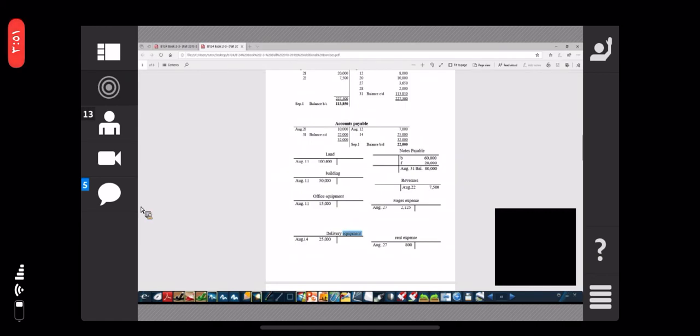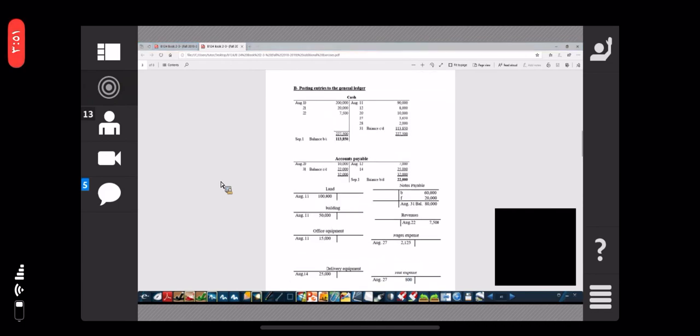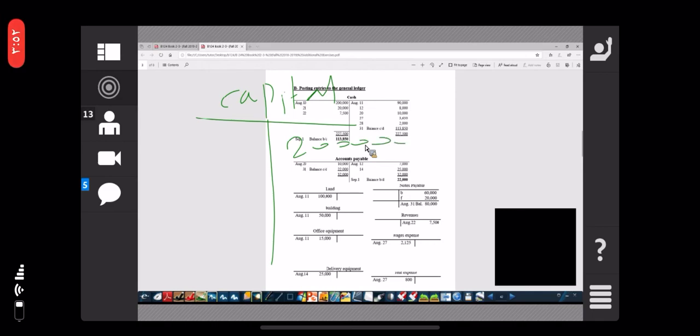Let's go to examples on capital. Capital is just one account. This capital was credit 200,000. The debit side is 0, credit 200,000.